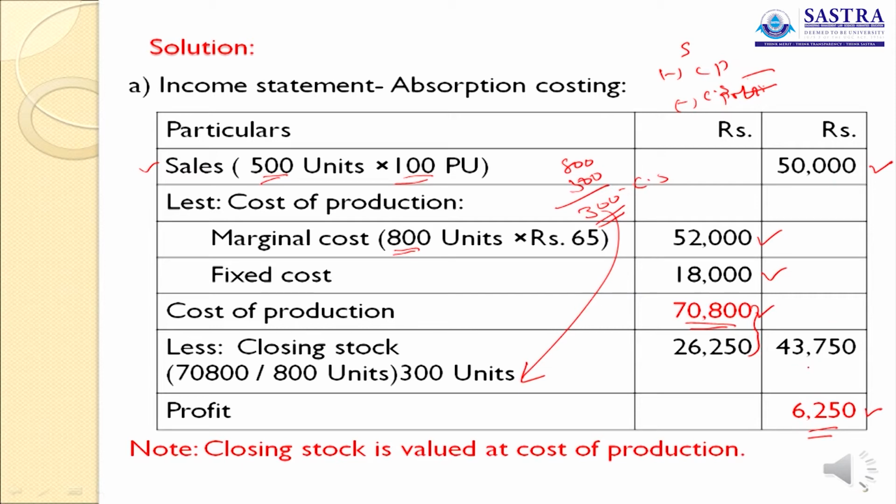This is the actual cost of 500 units sold. Sales minus this, the difference between these two, is profit 6,250. So you put one note: the closing stock is valued at cost of production. We valued the value of these 300 units on cost of production. So this is the way of preparing the income statement in absorption costing.